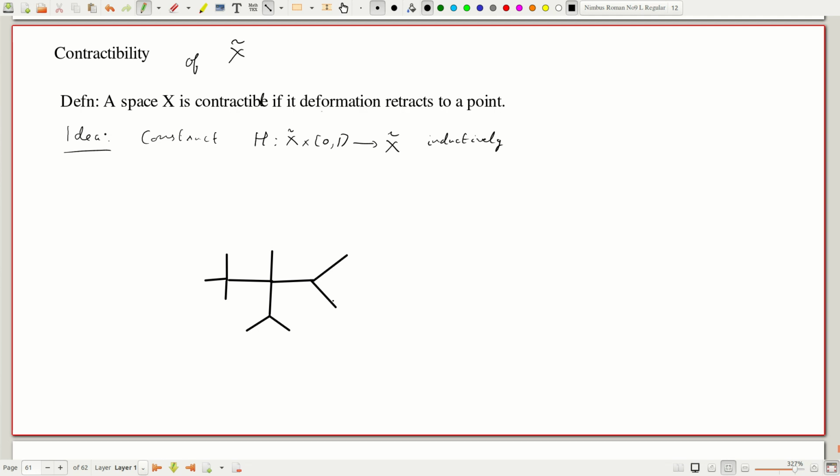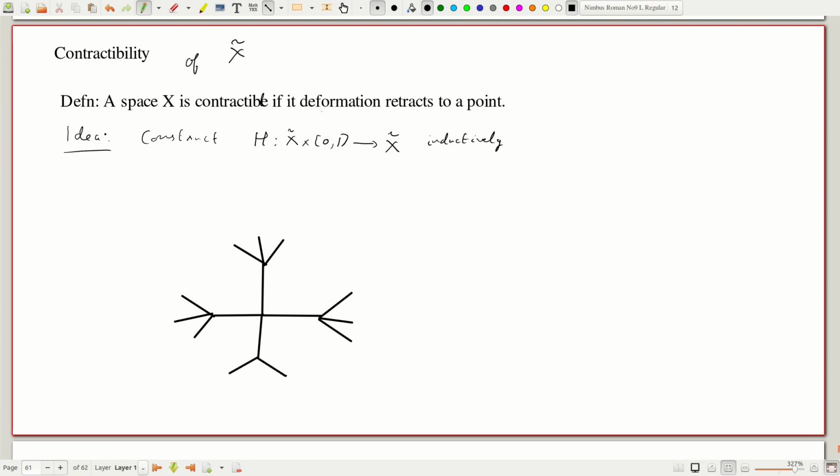Oh, this tree is wrong, of course. So let's draw the correct tree. I'll draw a very flat kind of tree, and we won't go on for long. So here's the tree, and this is x tilde.